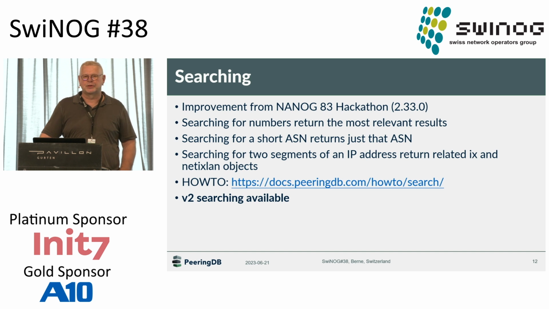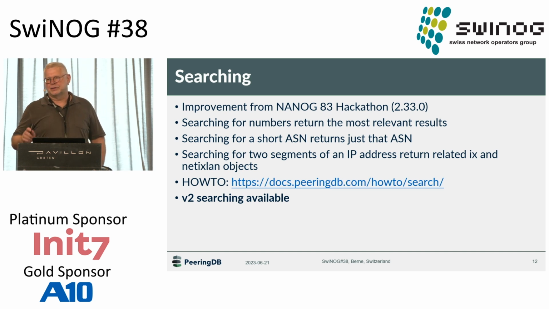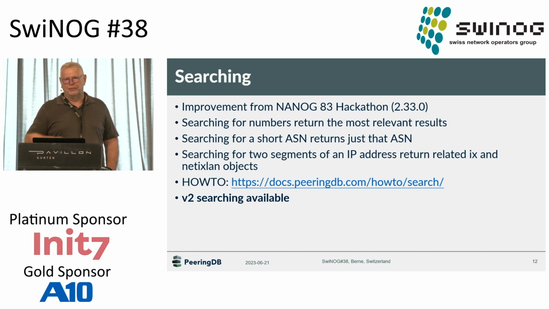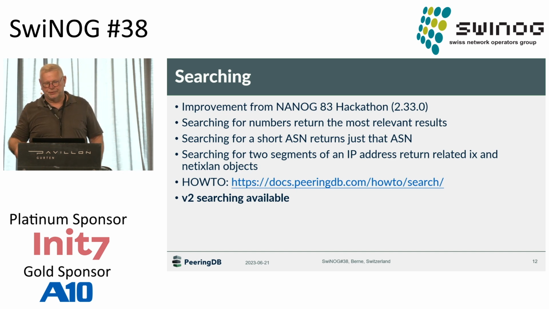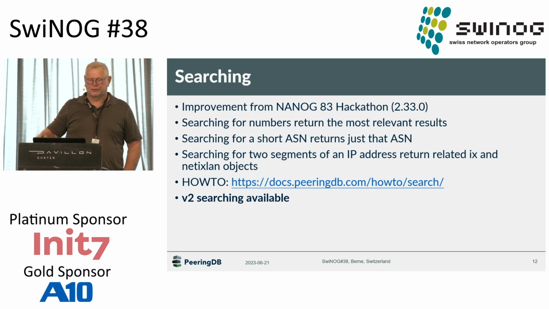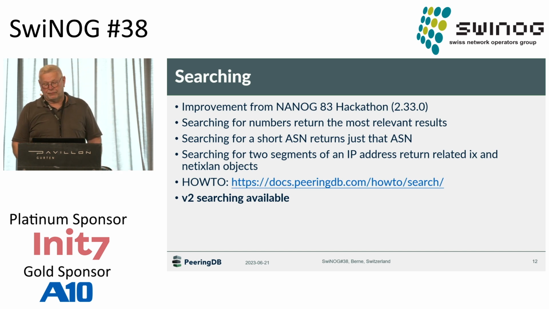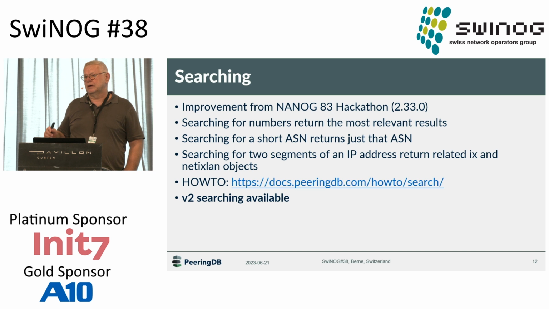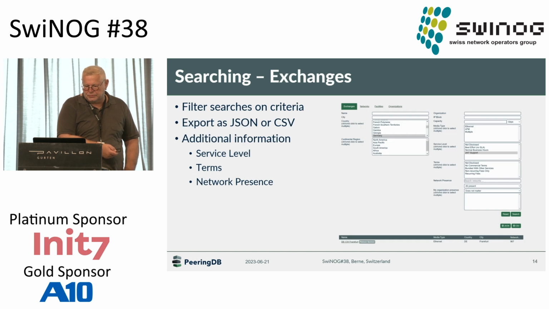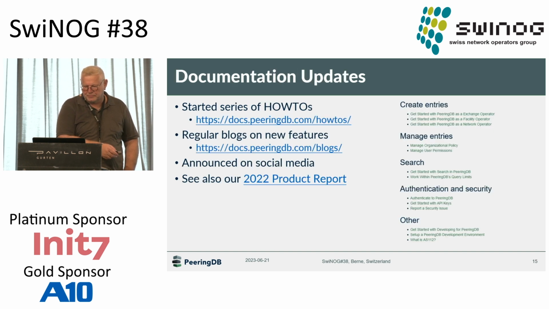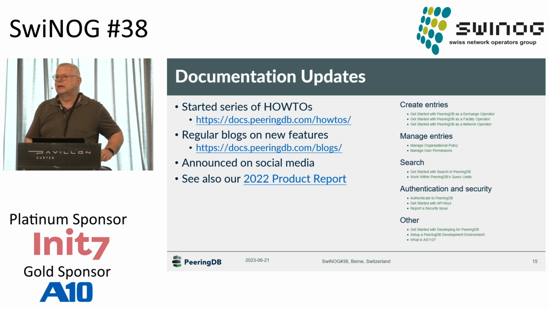For example, what you can say, IXs in Germany. And then it lists all the IXs which have a presence in Germany, or networks in XYZ, and so on. And it's quite fast. Please use it. There is also a button where you can give feedback on searching. I have to go through this because I only have, I stop here.